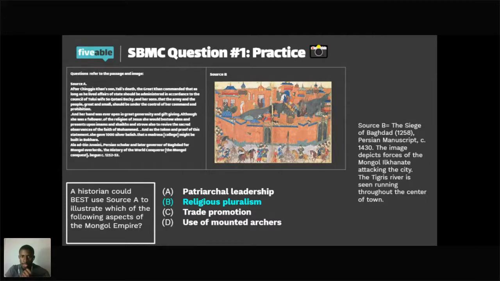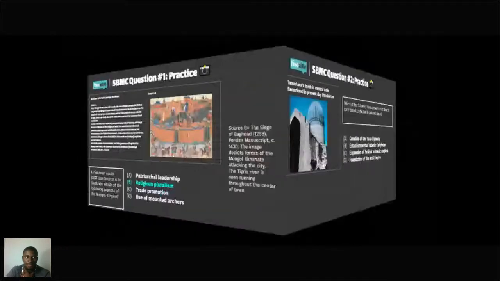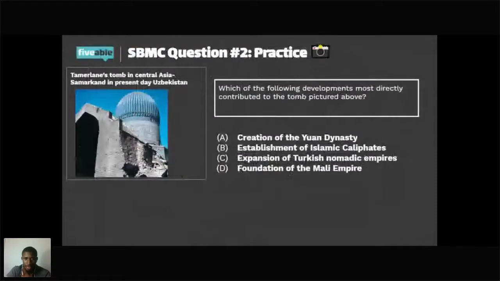Next question is going to be about Tamerlane's tomb in Central Asia, Samarkand in present day Uzbekistan.